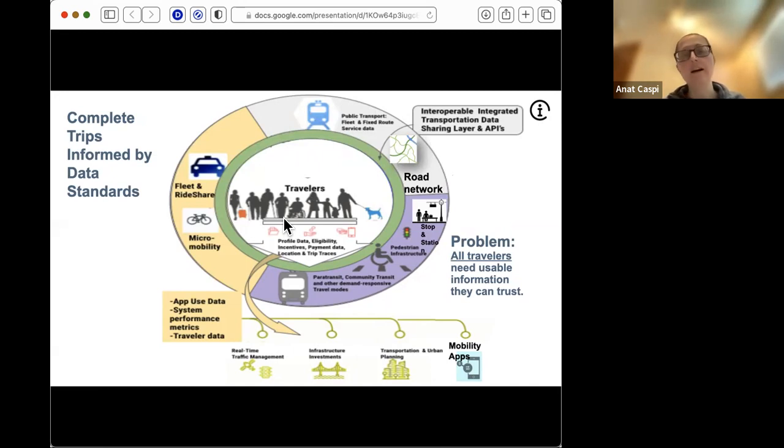And there are a ton of different models out there about how to become traveler centric. You might hear words like MaaS, which is mobility as a service. You might hear words like MOD, which is mobility on demand.